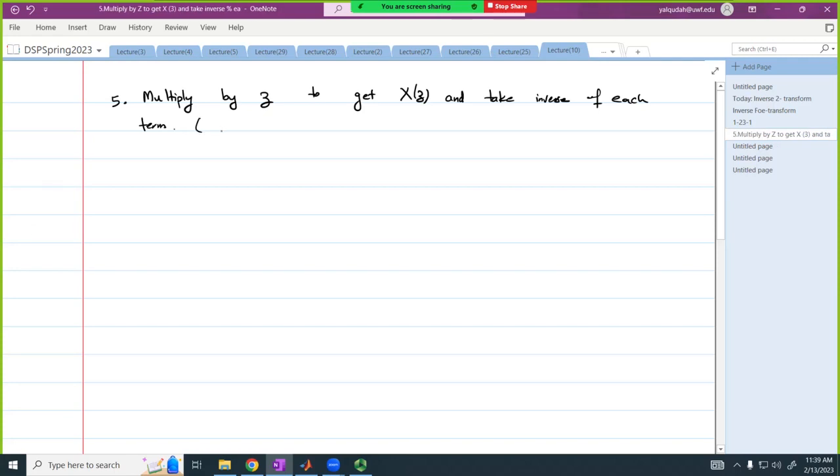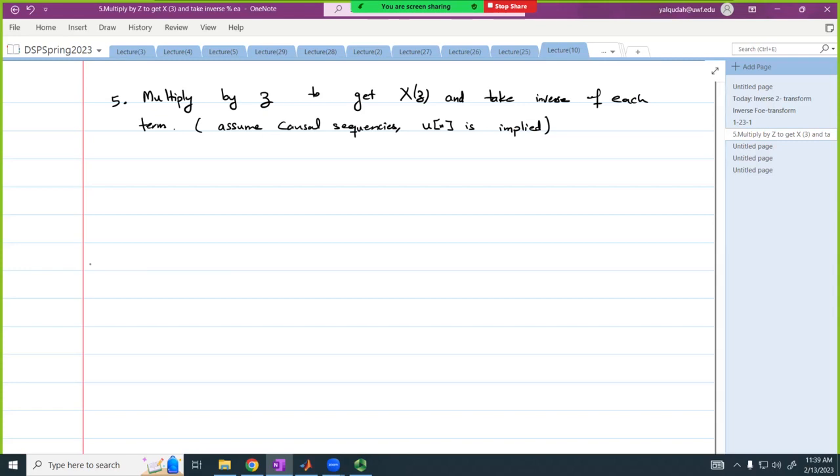And we're going to assume that we have causal sequences unless specified, and therefore u of n is implied. Okay.